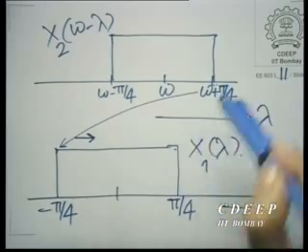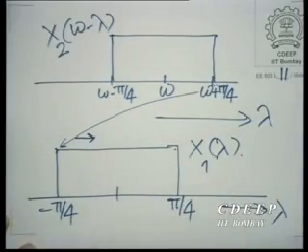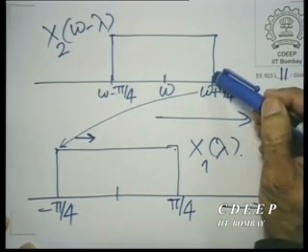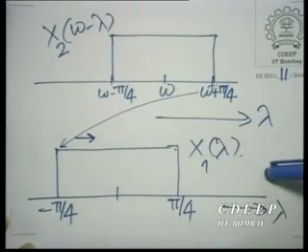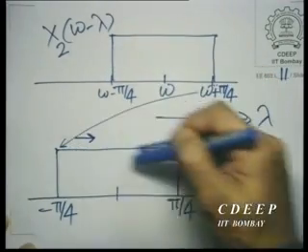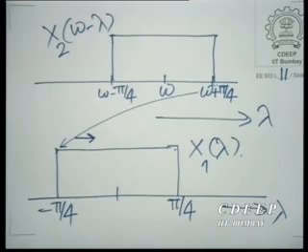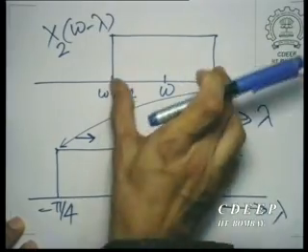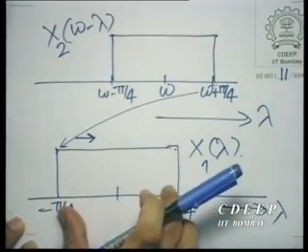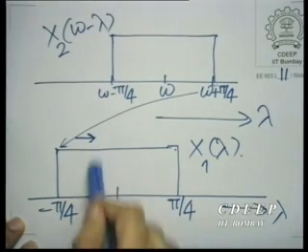And the area goes to a maximum when this whole rectangle overlaps with this rectangle here. Afterwards, this edge begins to move away and this edge starts to approach this one, and there is a linear decrease. What is the maximum area? The maximum area is when these two rectangles overlap entirely, and that area is, of course, pi by 2 multiplied by 1.